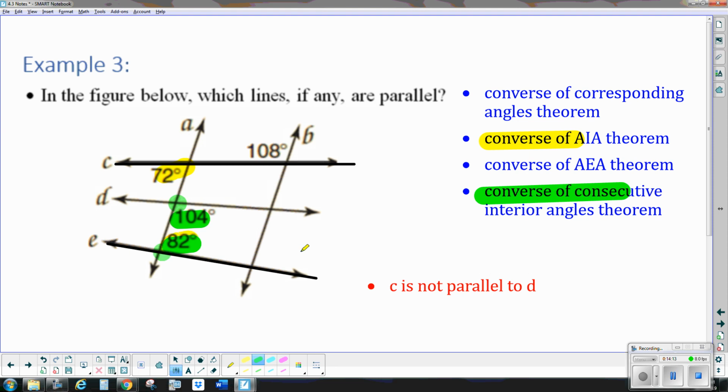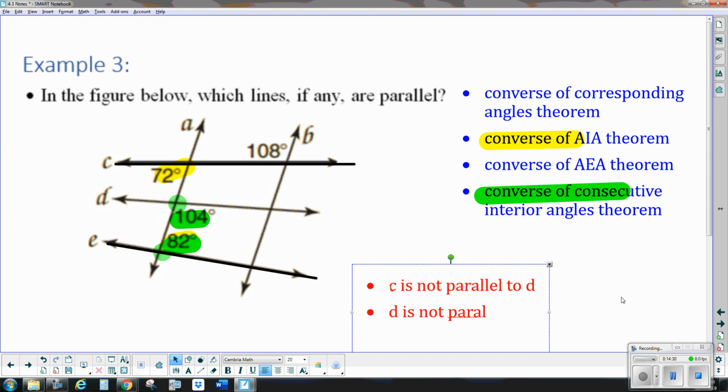So they have to be supplementary if the lines are parallel. And in this case, they're not. They add up to 186 degrees. And to be supplementary, they have to add up to 180 degrees. So I know that D is not parallel to E.